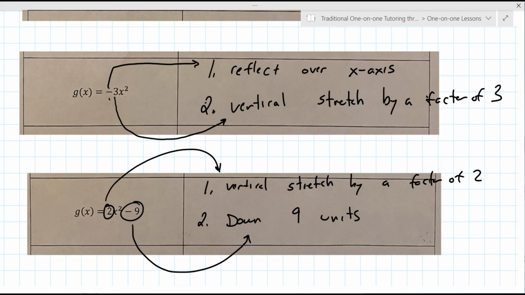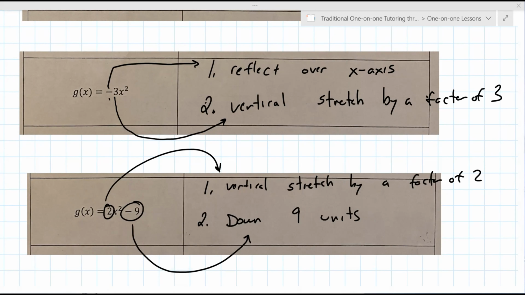Okay, vertical stretch by a factor of 2. All right, so let me know when you get this down and we'll go to the next one. I already got it down.